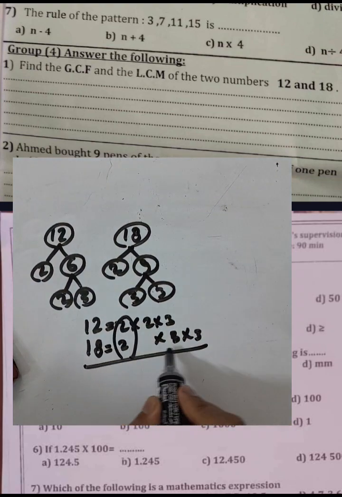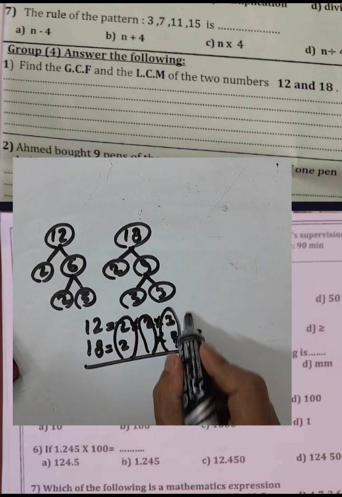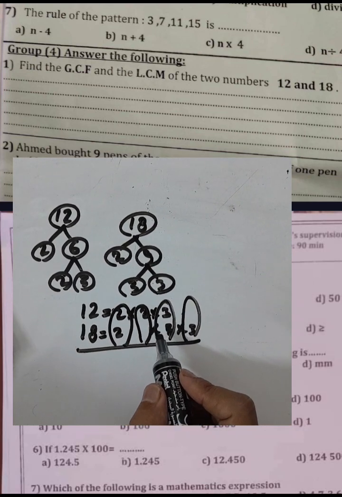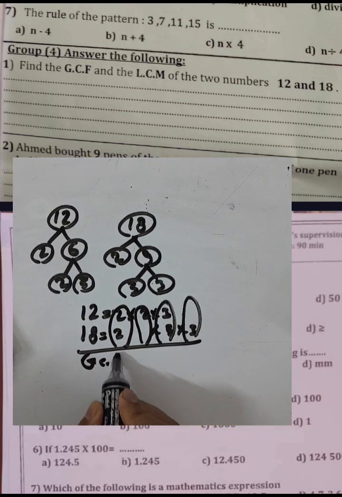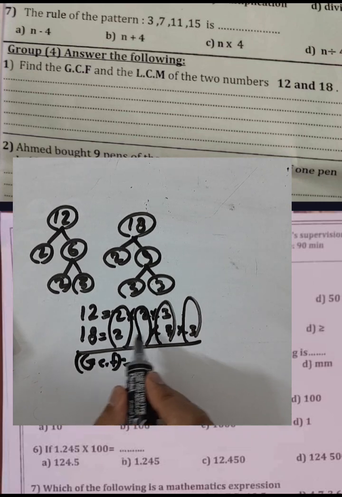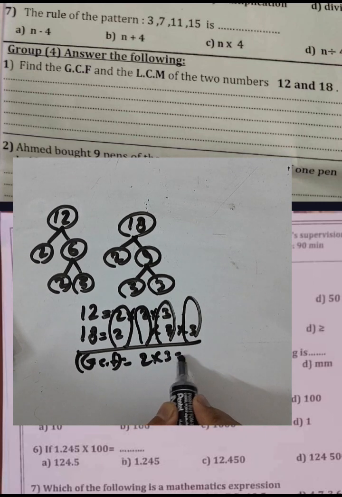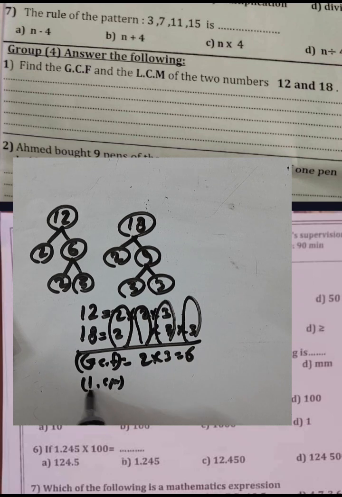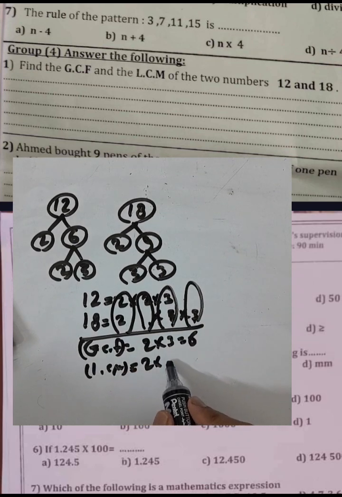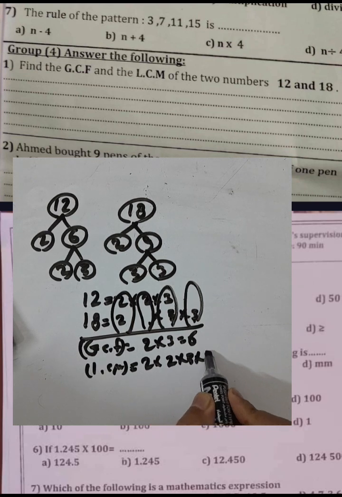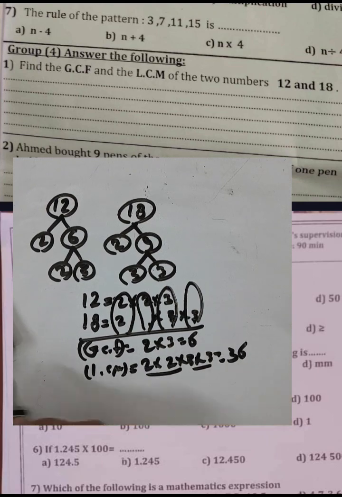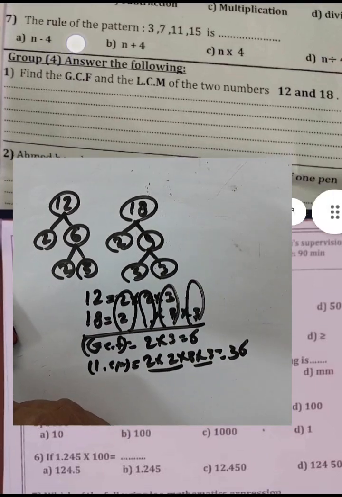Circle the common ones. To find the greatest common factor, write 2 times 3 will be 6. And the least common multiple between them is 2 times 2 times 3 times 3. 2 times 3 is 6, 3 times 3 is 9, 9 times 4 equals 36. Okay, it's the least common multiple.